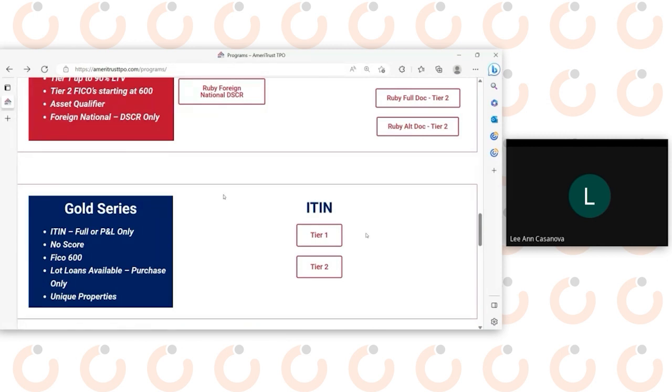Okay? So they can qualify based on either full doc, and anything under the series full doc is 12 months. So if they were a W-2 wage earner and they had pay stubs, they can qualify that way, or they can do a P&L only. We do not offer a bank statement program under this said product. Okay, so it's P&L only or full doc.